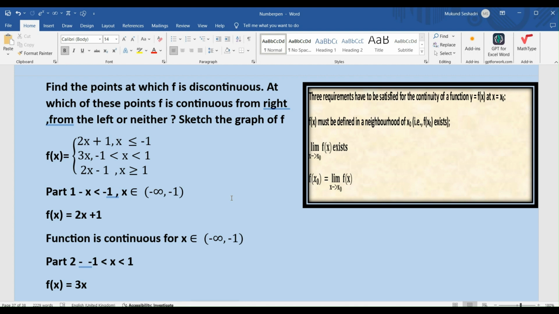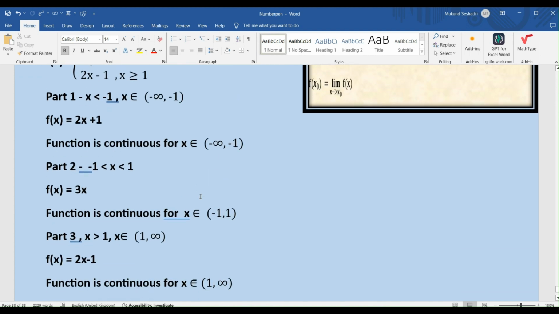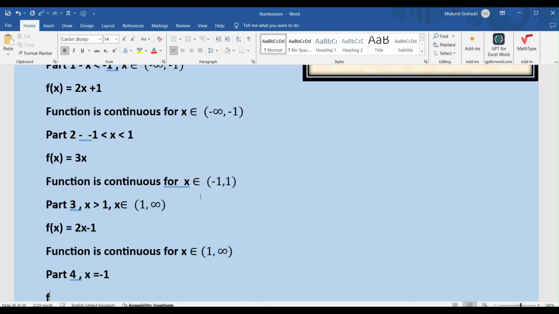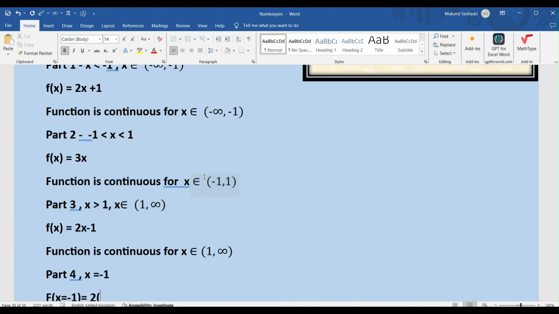So what is our f of x naught? In this case, f of minus 1, so it takes a value 2x plus 1. Let's write that down. f of minus 1 is 2x plus 1, which is 2 into minus 1 plus 1, which is minus 2 plus 1, which is minus 1.